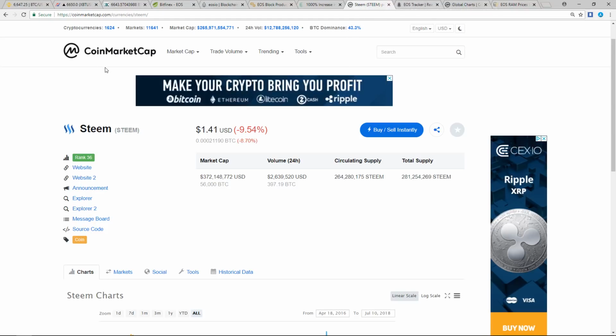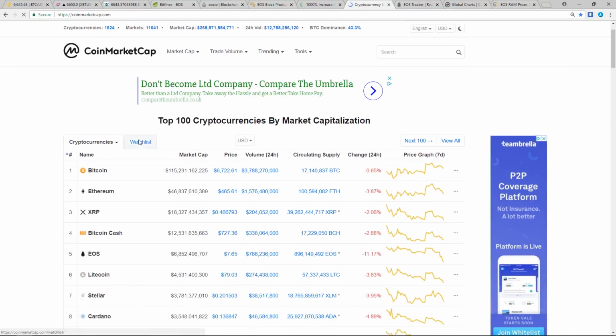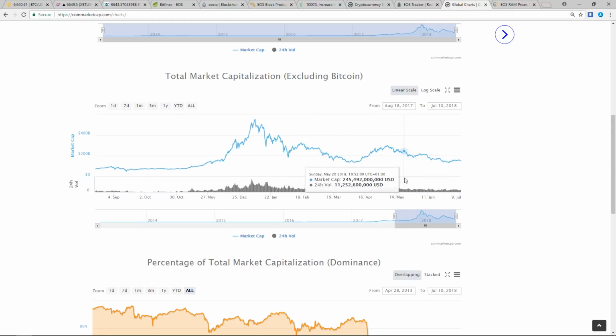But this is EOS right now. This is the whole conspiracy and information I wanted to share with you. Also, in my opinion, Bitcoin will continue with the bear trend and so on. But who knows? Maybe I'm wrong. I'm quitting making predictions because nobody knows what's going to happen. I used to make so many predictions. For example, back in January, I thought that Bitcoin was going to go to $100,000.